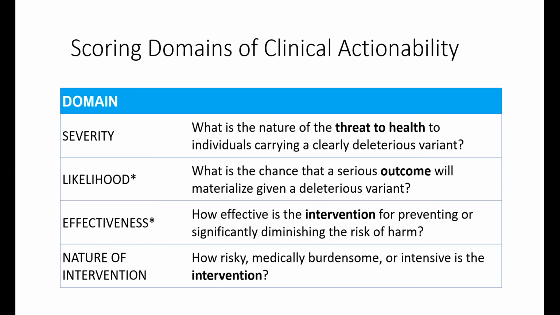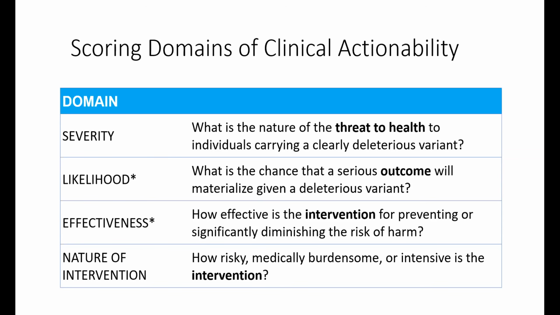What is the chance basically that that serious outcome that we're considering will materialize given a person having a deleterious variant? And then what is the effectiveness of the intervention? So basically, what evidence do we have that this intervention is good at preventing or diminishing the risk of harm?